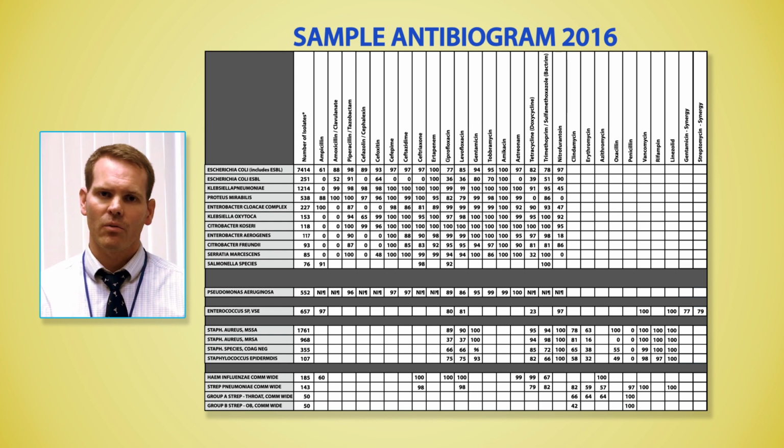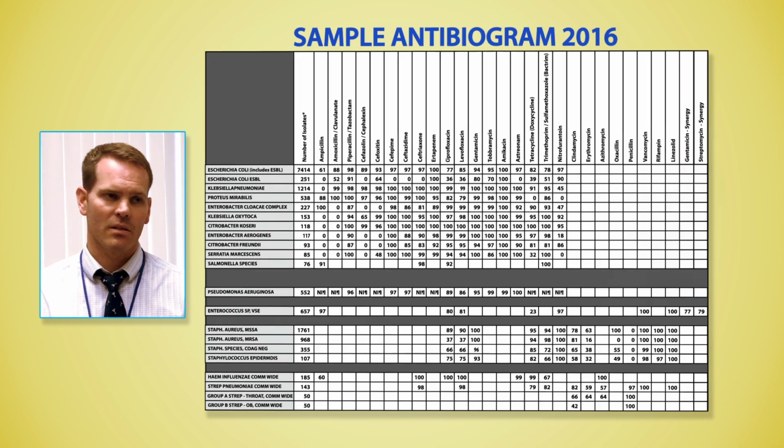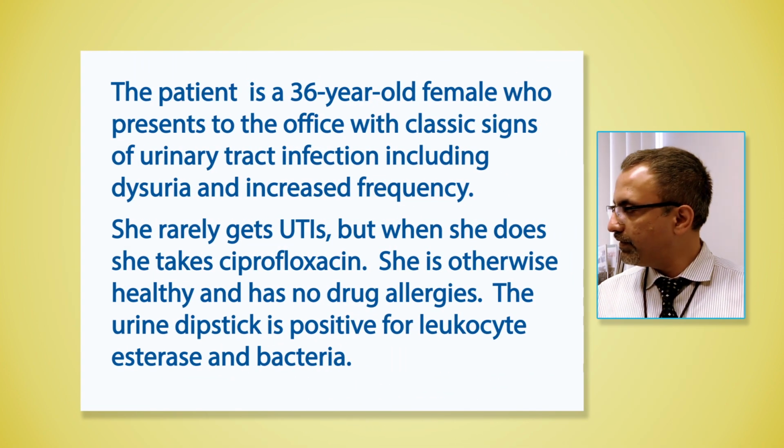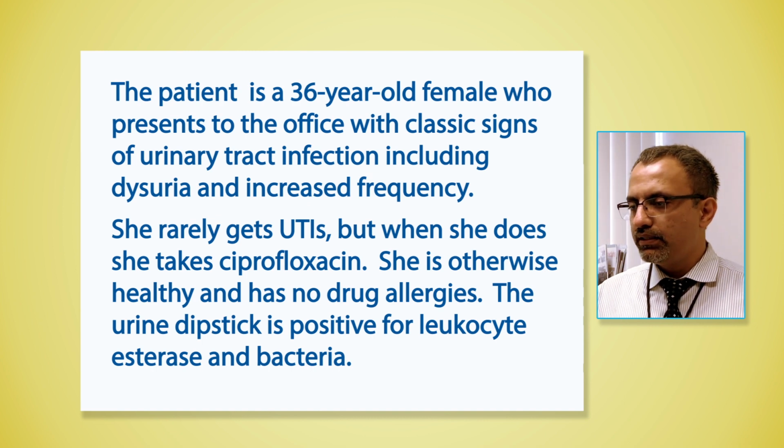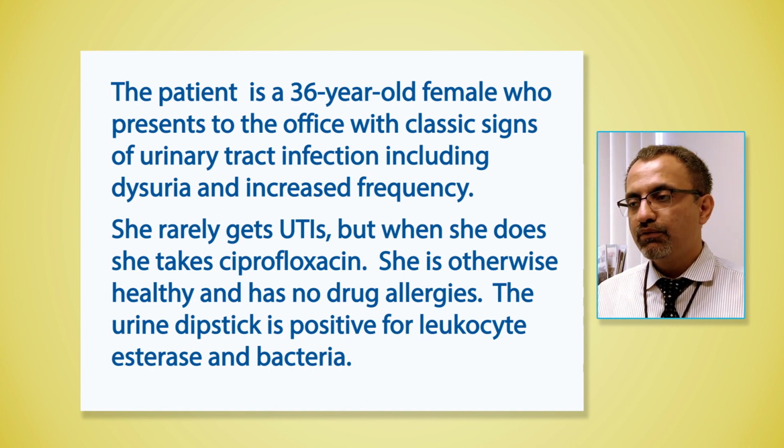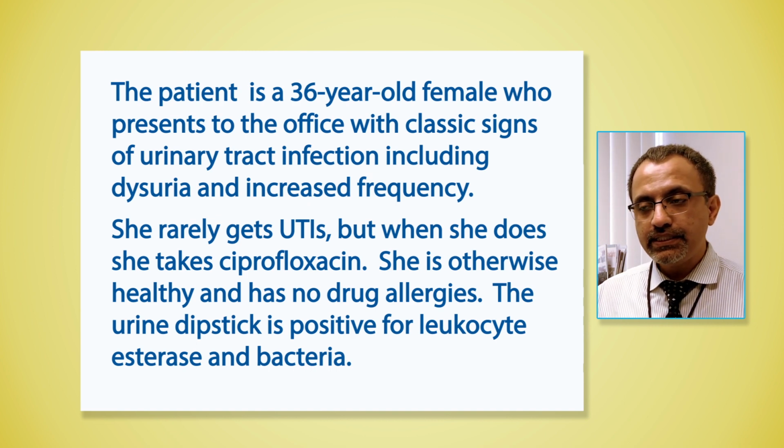So Dr. Javed and I are going to discuss a couple of clinical scenarios that are very common in your practice and essentially show you how you can use an antibiogram in those particular situations. Well, thank you, Jeff. We'll start with a very common presentation of urinary tract infection in a young 36-year-old female. Let's say she presents to your office with dysuria and increased frequency.